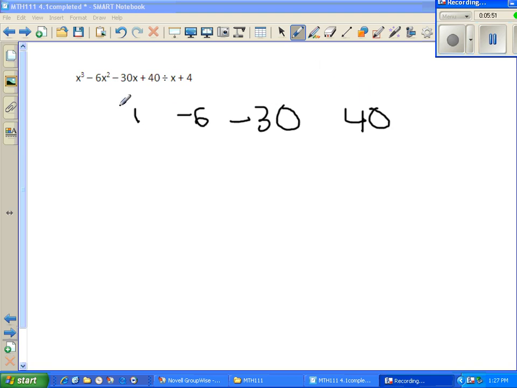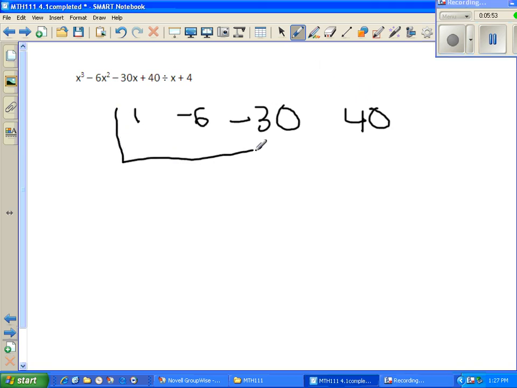And then I'm going to turn my division sign upside down. And here's the tricky part. Since it's x plus 4, I'm going to use negative 4 here. And then the way synthetic division works, I'll take the 1, I'll drop it all the way down here.